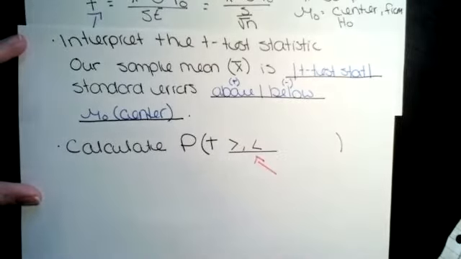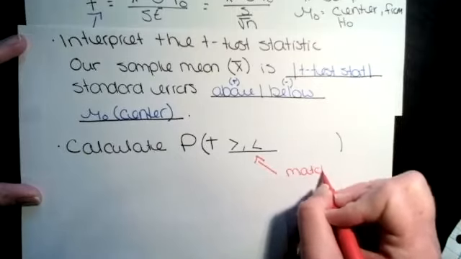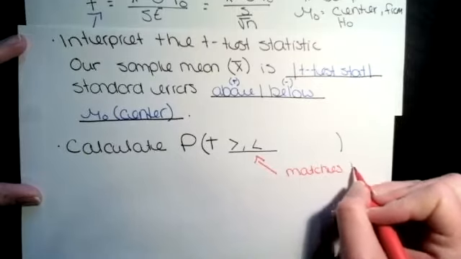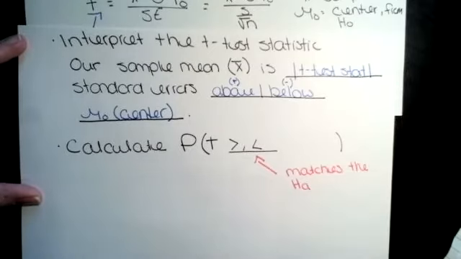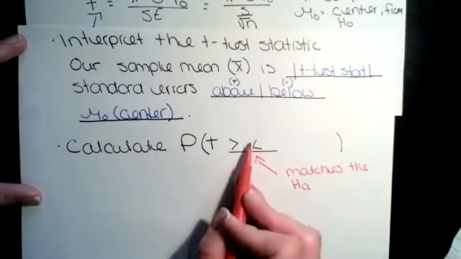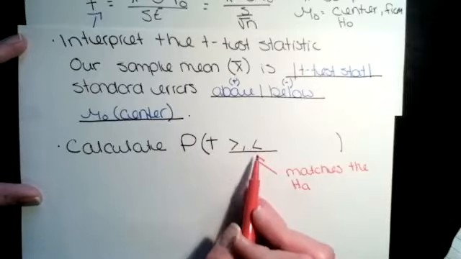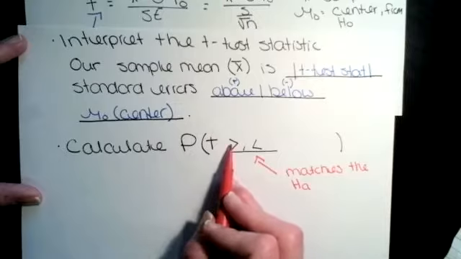This right here matches the HA. So if your HA, excuse me, in your method step is a less than, you're calculating a probability that's less than. If your HA is a greater than, then it's greater than.